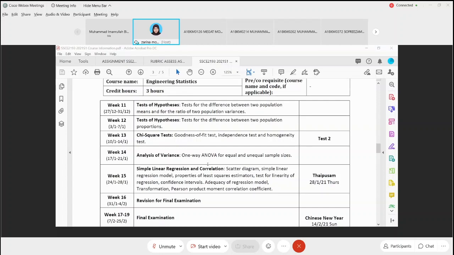Although the name is analysis of variance, where in fact you test between different means, what you actually do is look at the variations. If the means are different, then of course the variation will be different. But if the variations between groups and within groups, if the ratio of the variances is equal to 1, i.e. the variations are the same, then you say on average they are the same.